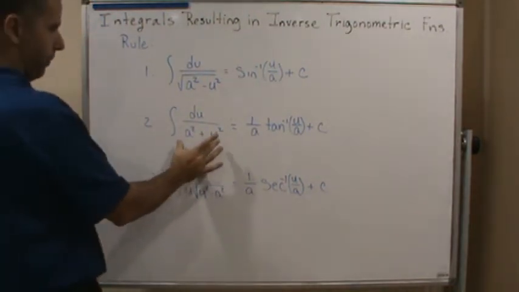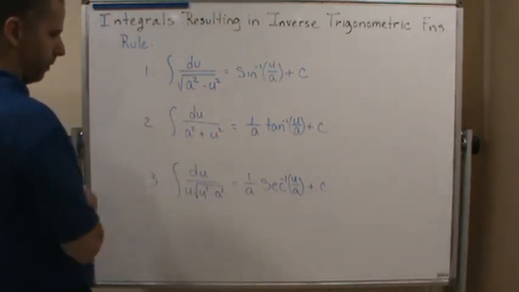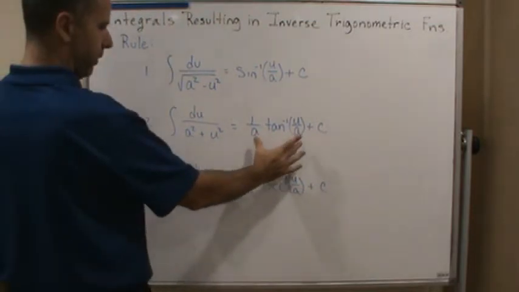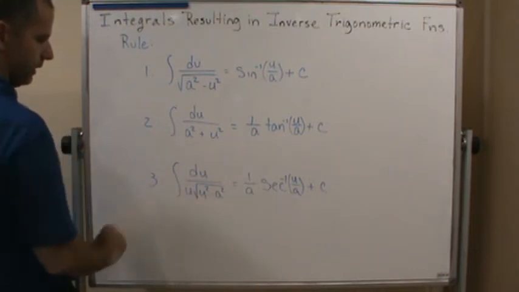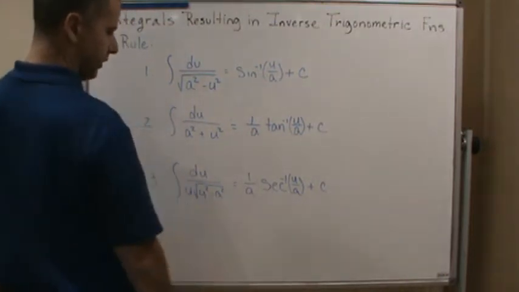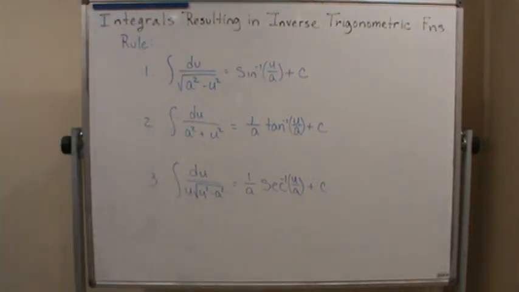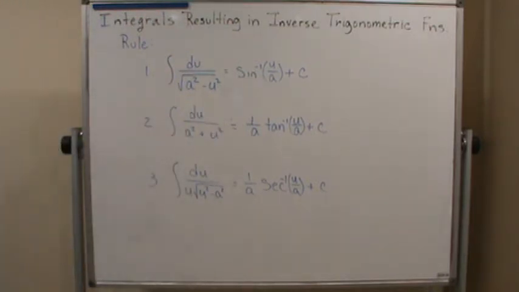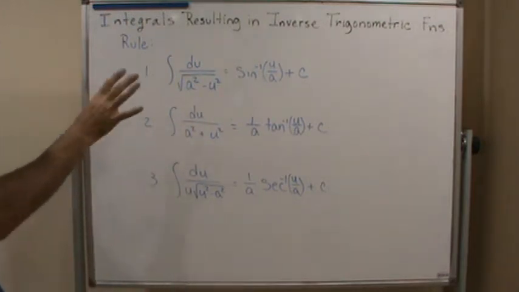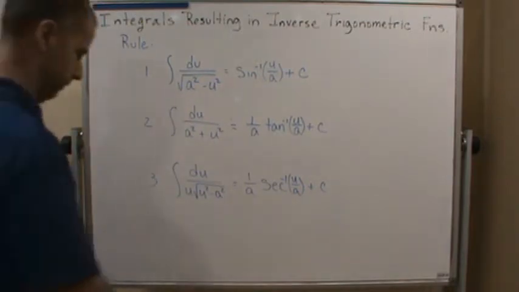If you have this form, it's going to give you this antiderivative. And if you have this, it's going to give you this as an antiderivative. Memorize the forms, because it's important to see if an integral fits one of those forms. Now I'm going to do a proof showing that these do work.